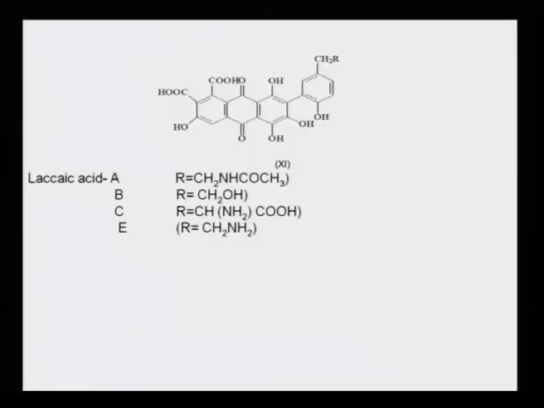Now, if you look at the structures of lactic acid, R is represented as CH2NHCOCH3 in lactic acid A, in lactic acid B the R is represented by CH2OH, in lactic acid C, R is represented by CH(NH2)COOH, and in the case of lactic acid E, R represents CH2NH2.